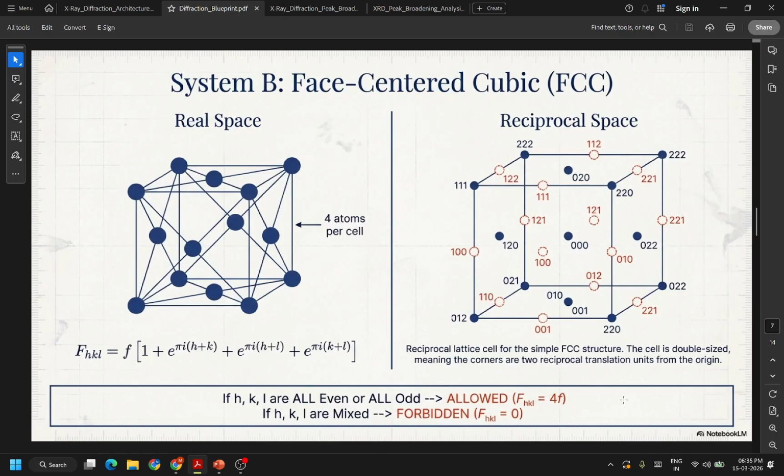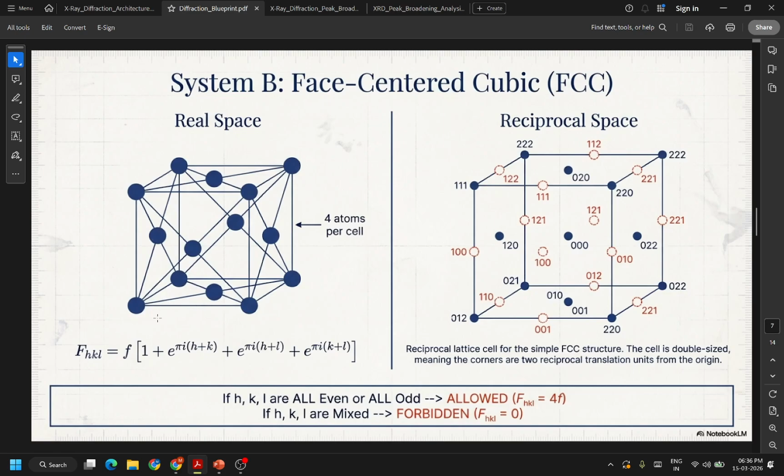Now if we come to face centered cubic, you will have a lattice point here, a lattice point here, and a lattice point here. So it will have 3 lattice points, actually 4 lattice points, I think. And if you sum it up, you will get it like this.